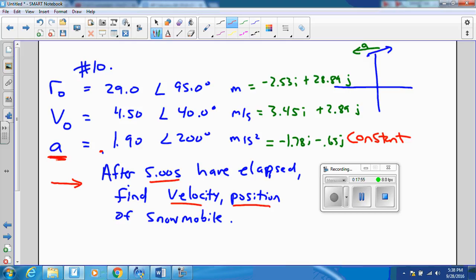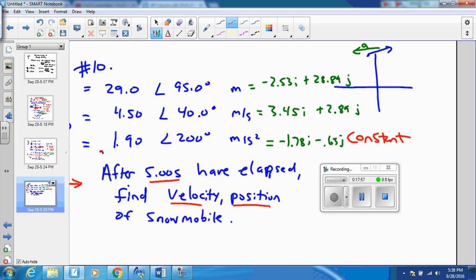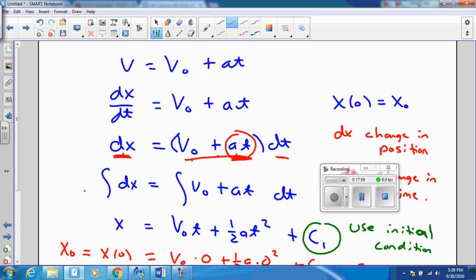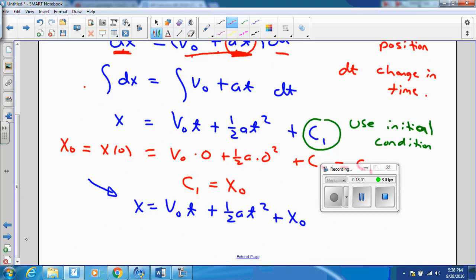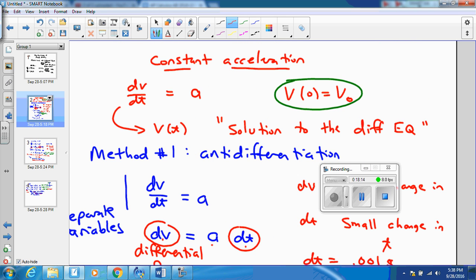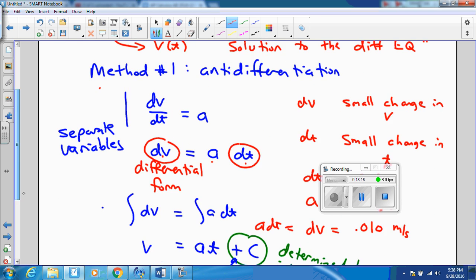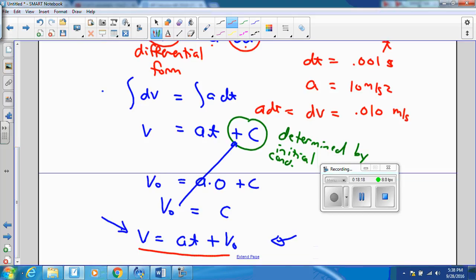Now here's where we get to leverage our work with the differential equations. Because my acceleration is constant, I have already solved the differential equations when the acceleration is constant. In particular, I found that when acceleration is constant, the final position is equal to the initial position plus v0t plus 1/2 at squared.